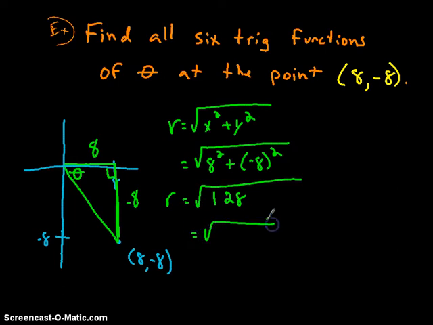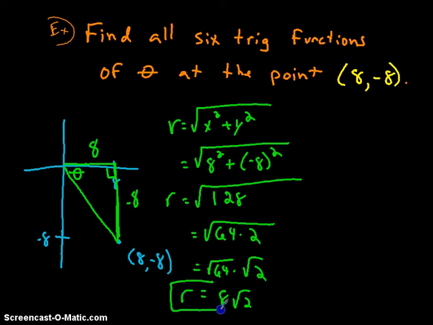From previous classes you learned that the square root of 128 can be broken up. That's really 64 times 2, which means the square root of 64 times the square root of 2, which is 8 square root of 2. Either way is fine, but typically, if we can simplify it, we should. So I know r is going to be 8 square root 2.